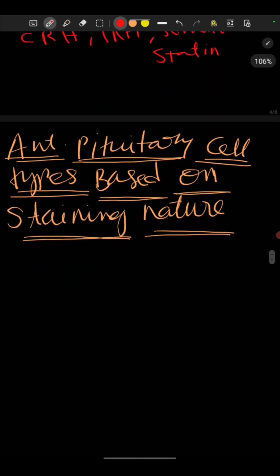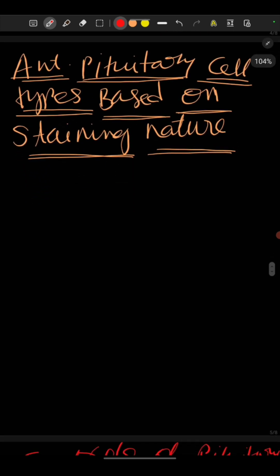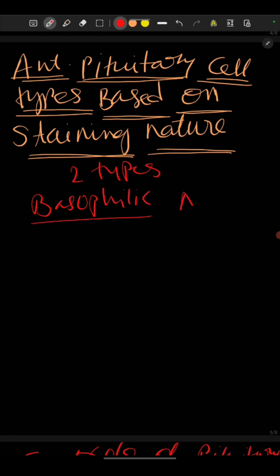Anterior pituitary cell types based on staining nature: two types, basophilic and acidophilic cells.